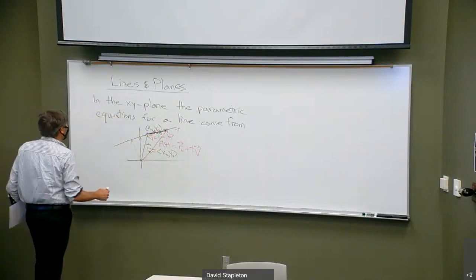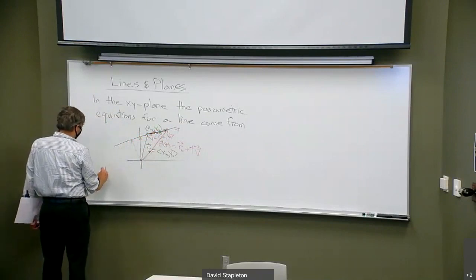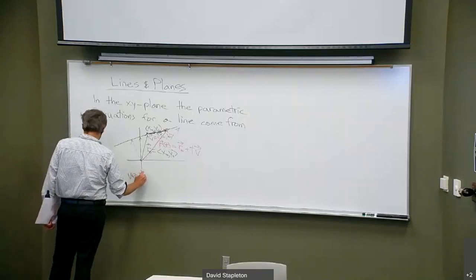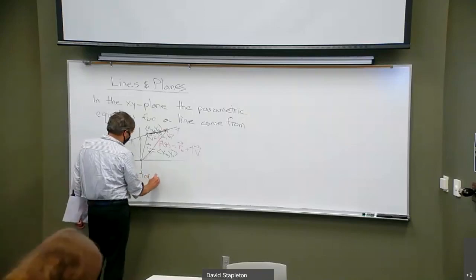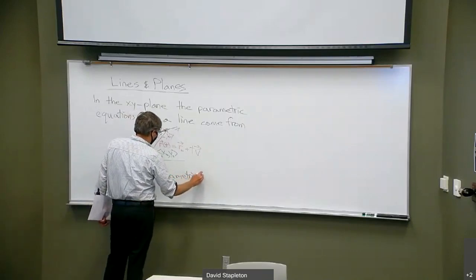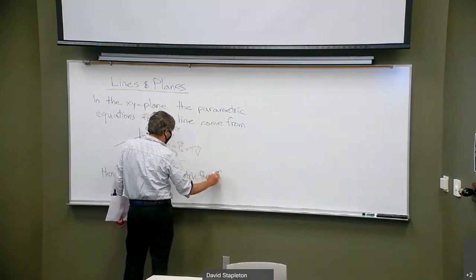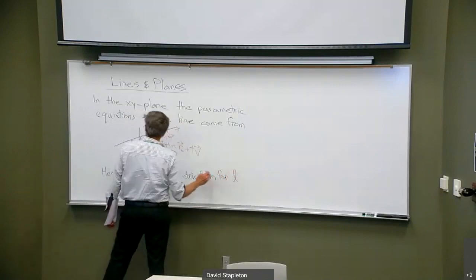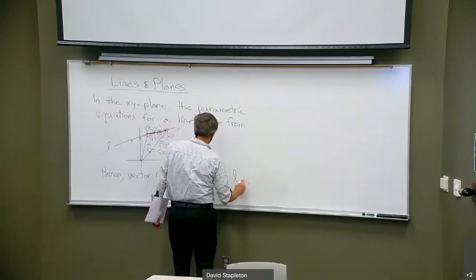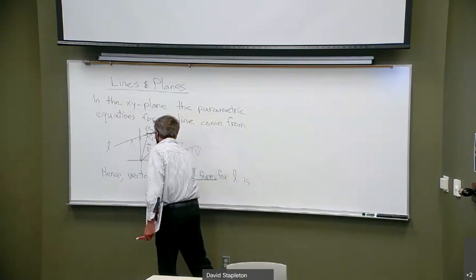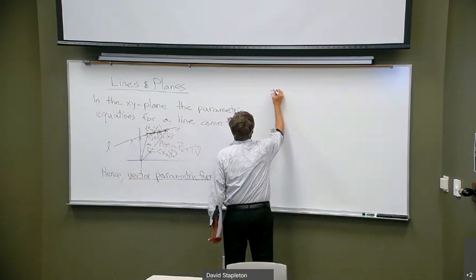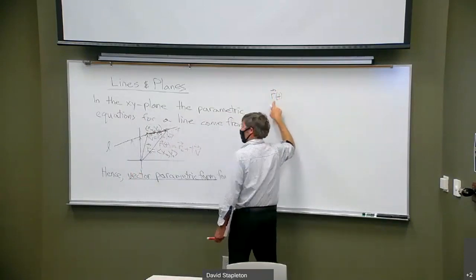All right, so we notice then that the vector parametric equations for the line, call it L, the vector parametric form is r of t, this vector valued function of t, right?